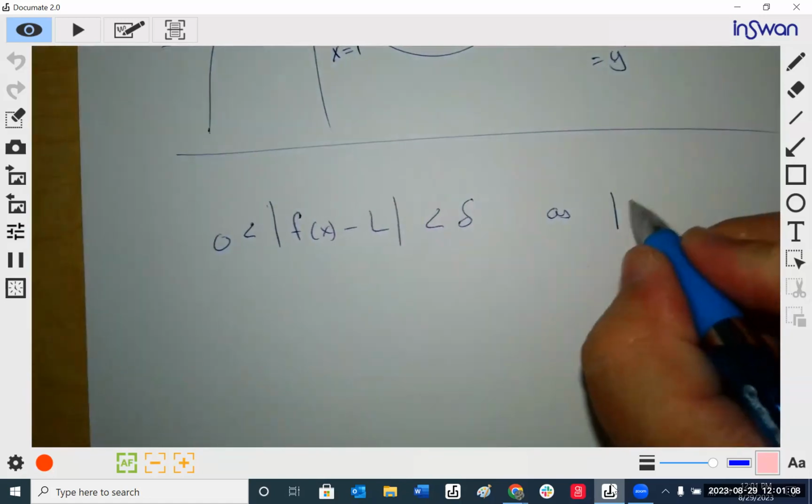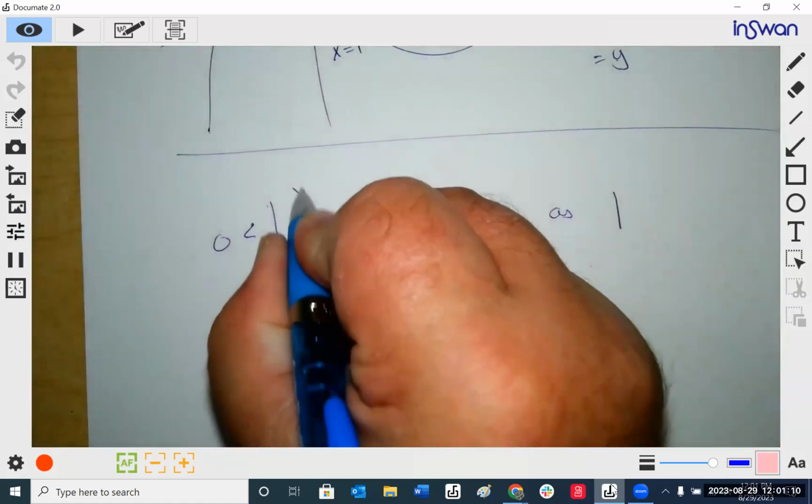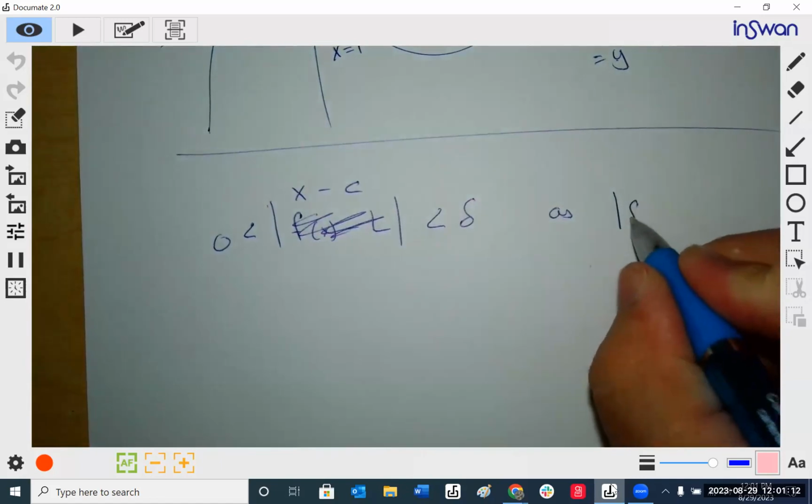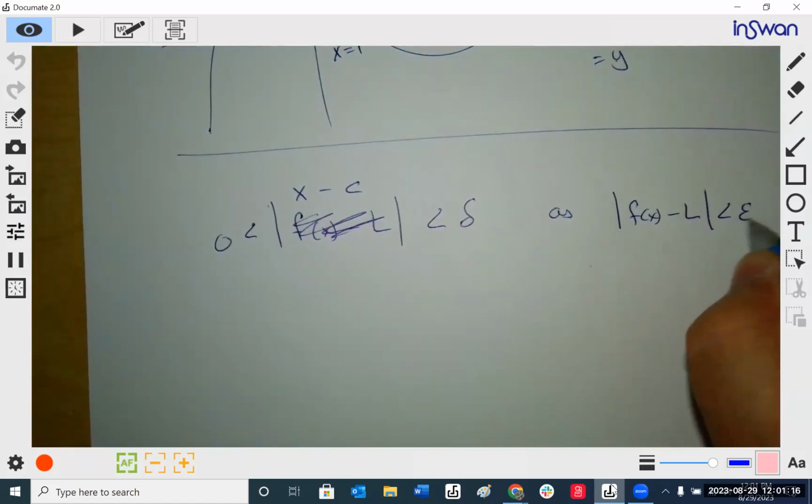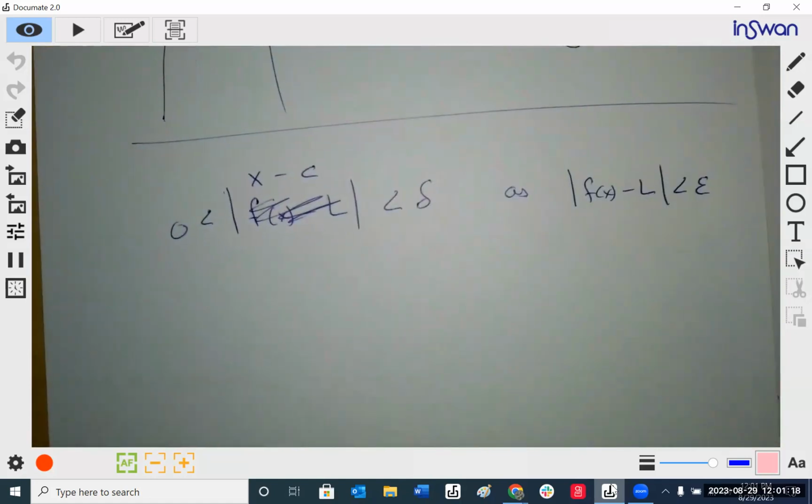This is x and c, this is f and L. This is the epsilon delta proof of a limit.